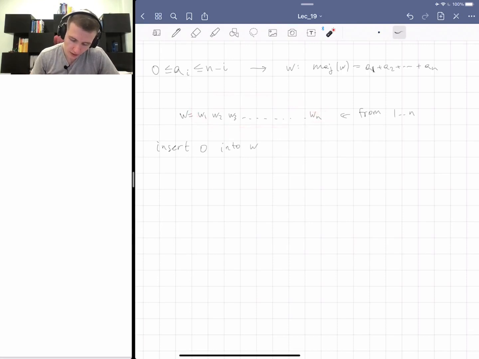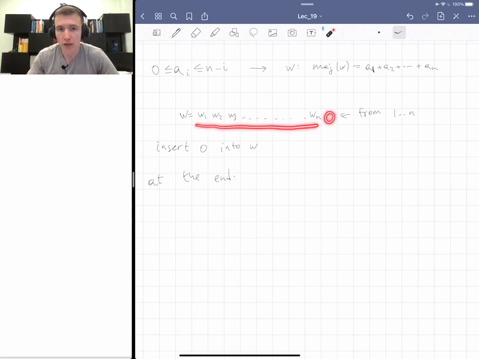Now let's see what happens if I insert it at the end. So it's going to be w_1, w_2 up to w_n, and then 0. And I'm trying to figure out how much the major index is going to change.